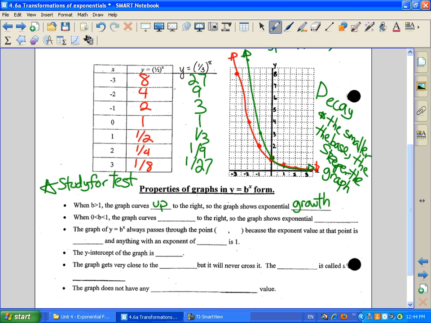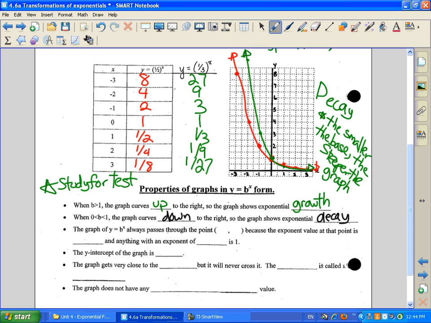Good. Okay, let's keep going here. So if our base is between 0 and 1, the graph curves down to the right. So the graph shows an exponential decay.